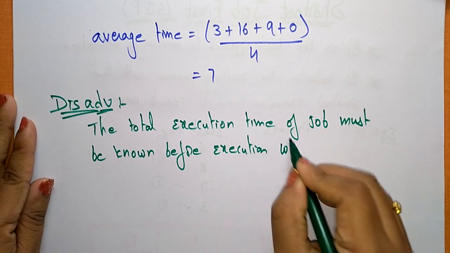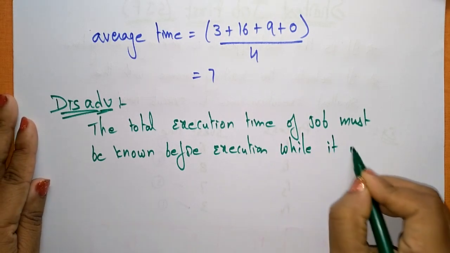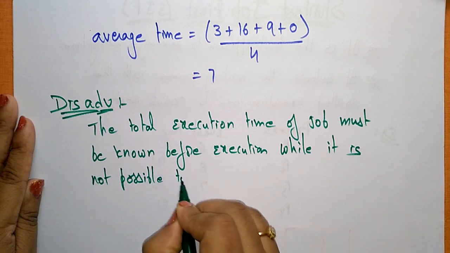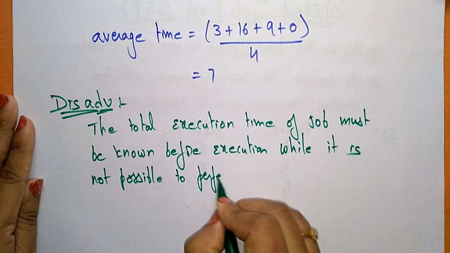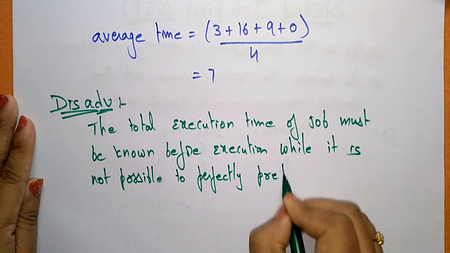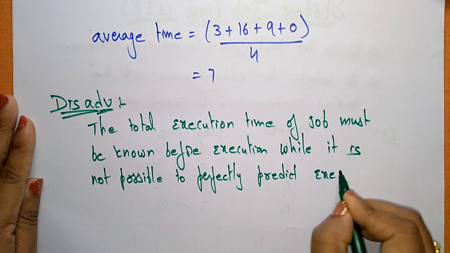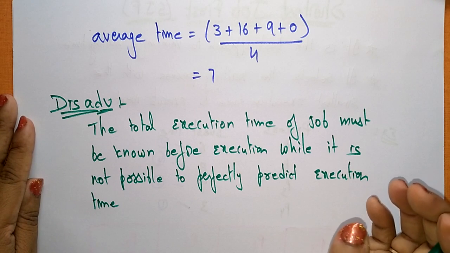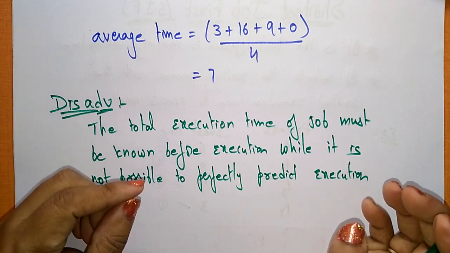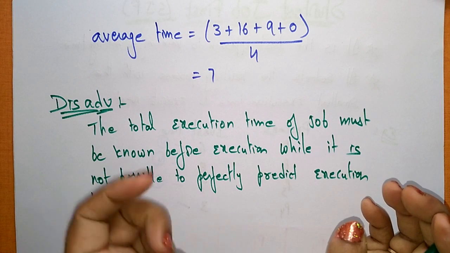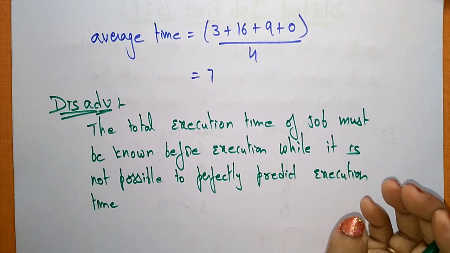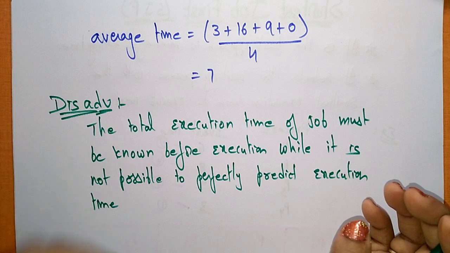It is not possible to perfectly predict the execution time. For all programs, it is not possible to predict the correct execution time of each process. Only if you know the execution time of each process can you determine the shortest job first. But it is not possible for all programs; you can't predict the exact execution time for all processes.